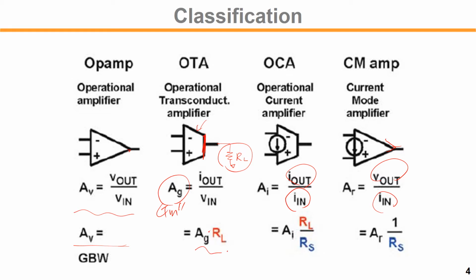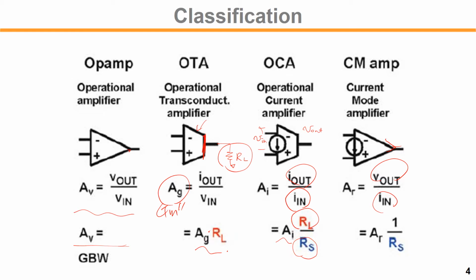For the operational current amplifier, if you know the input resistance and the load resistance, we can get the current gain. Think about the voltage gain, which is found by the ratio between the input voltage and the output voltage, right?